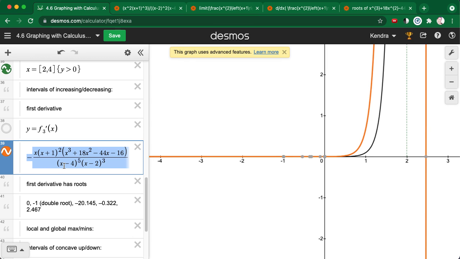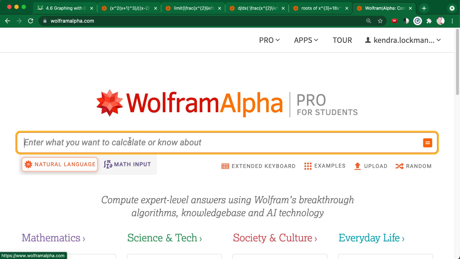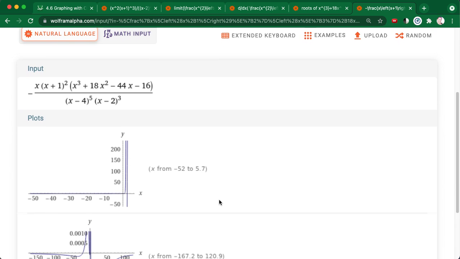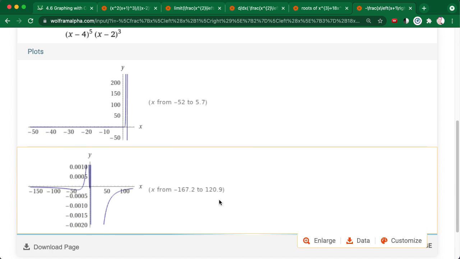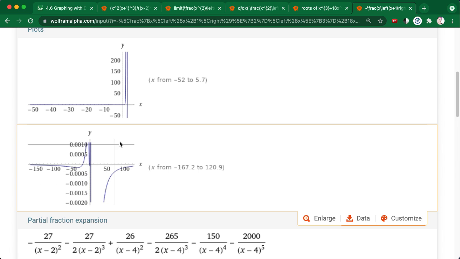I'm going to take this whole thing and I want to Wolfram Alpha it. I want to see if it gives me a better plot. It doesn't give me really lovely plots. Okay, but we kind of see there's a root happening here.